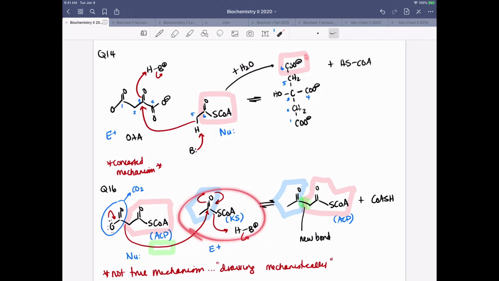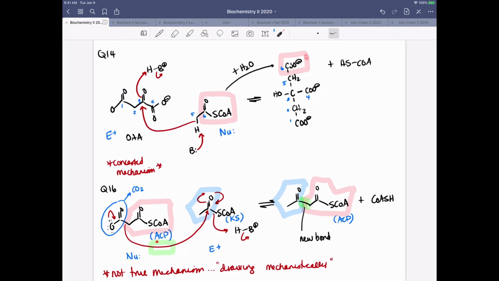And again, we talked about this as not being a true mechanism. It's drawn mechanistically, just showing nucleophilic attack, tetrahedral intermediate, decomposition, and then departure of our good leaving group. So that's how we do that carbon-carbon bond forming chemistry in fatty acid synthesis.